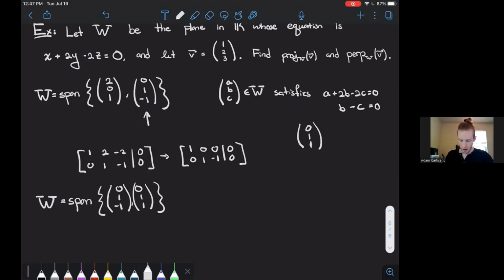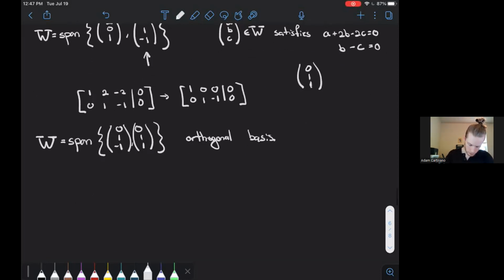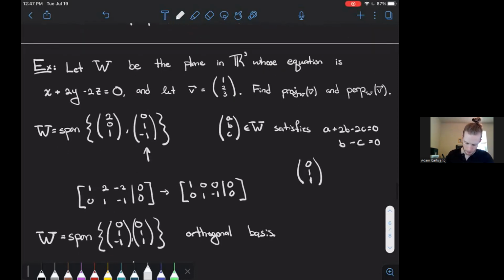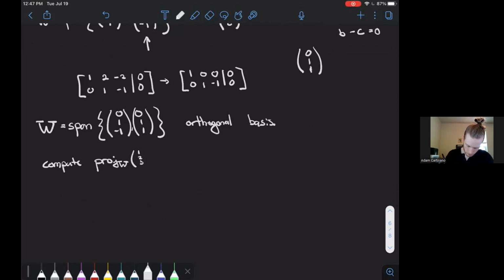Anyway, moving forward, now we have an orthogonal basis. Compute the projection onto W of 1, 2, 3. So 1, 2, 3 projected onto W.